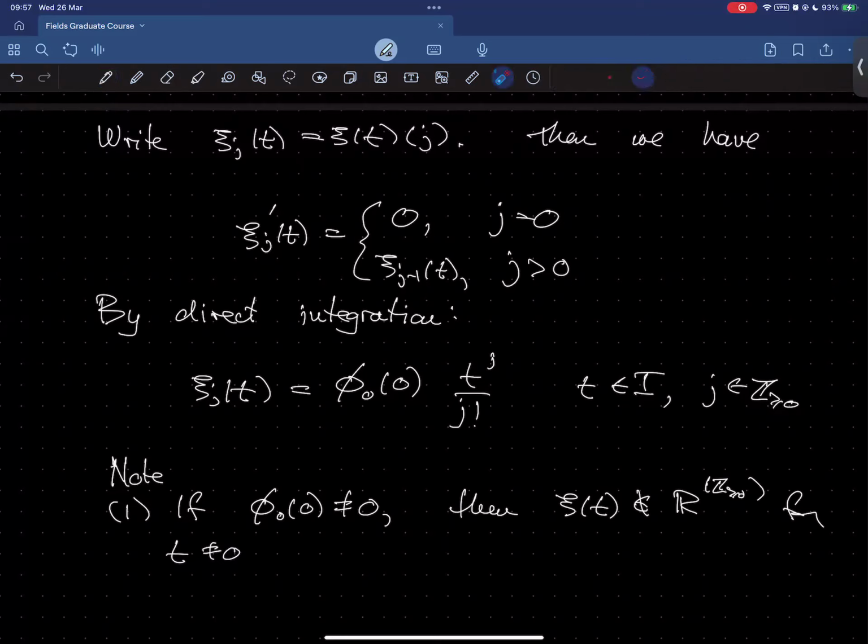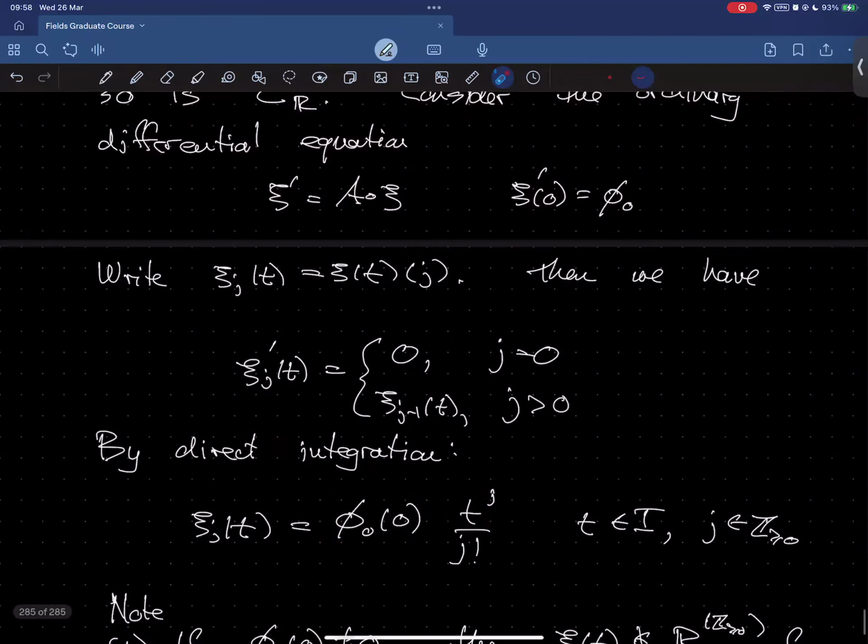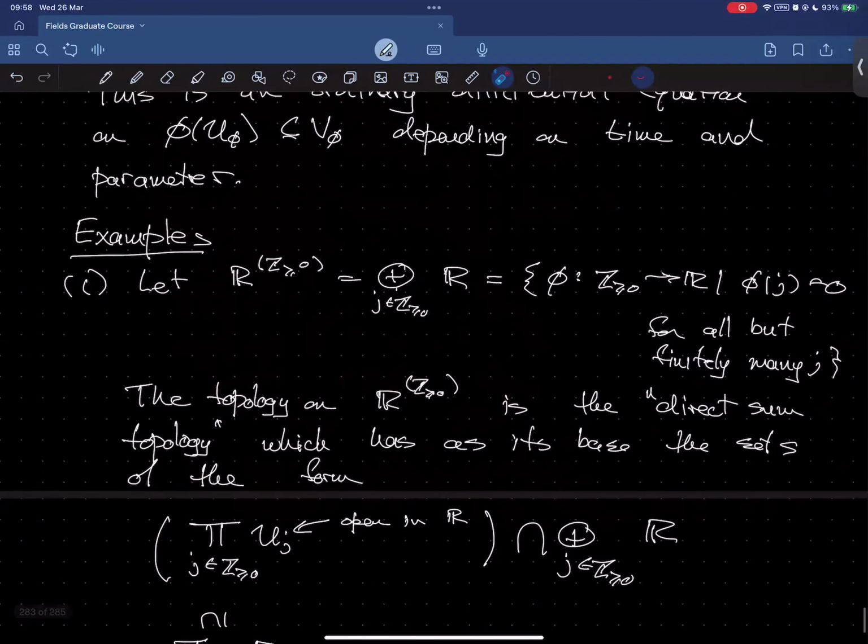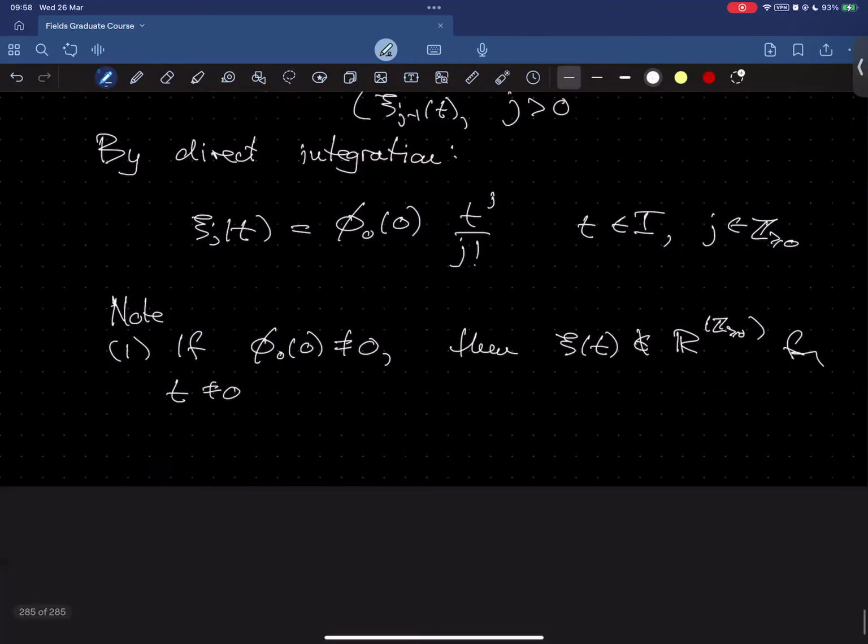Okay, why is that? That's simply because if this is non-zero, then Cj is non-zero for every non-zero t. But for things in the direct sum, this has to be non-zero for only finitely many j. That won't be true.